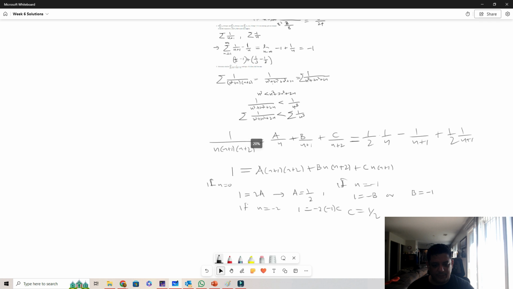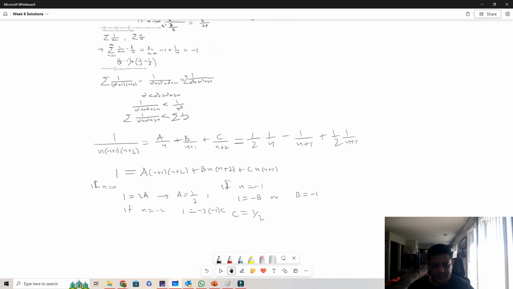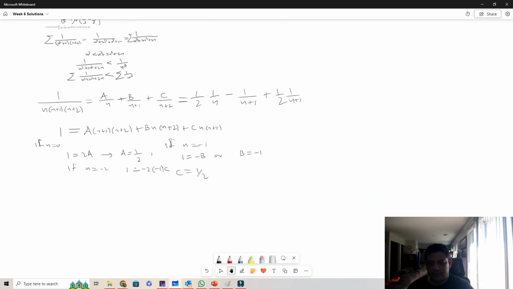But what we want to do is find a way of getting telescopic series, so we're able to pry this apart. So we're going to split this one as 1/2 plus 1/2.